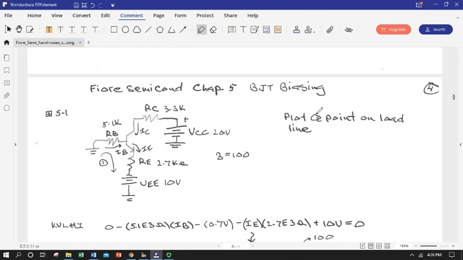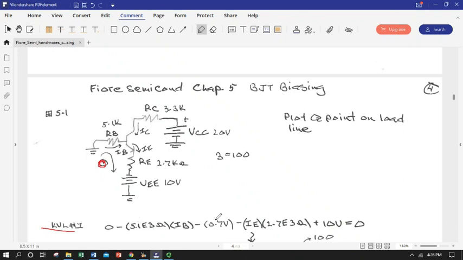So plot a Q point and get the load line, meaning I sat and VCE cutoff. So as usual, we're going to start with KVL loop number 1, where we know the base emitter voltage drop. So we're going to start at ground, 0. We're going to drop a voltage equal to base current times the base resistor.